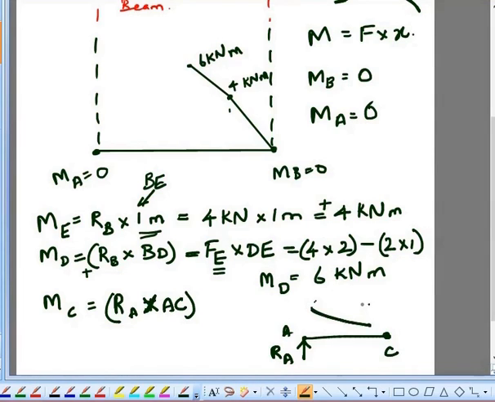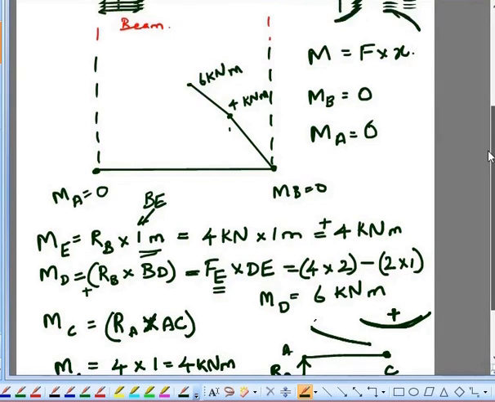If your beam bends in a shape like this, then it will be taken as a positive one. So RA is 4 and AC is 1. That will give you 4 kilonewton meter. So the moment about point C is 4 kilonewton meter.